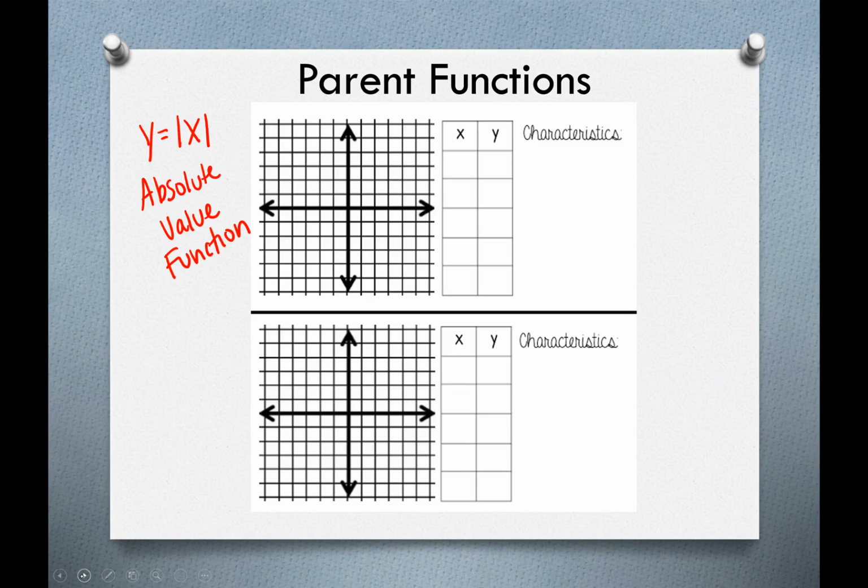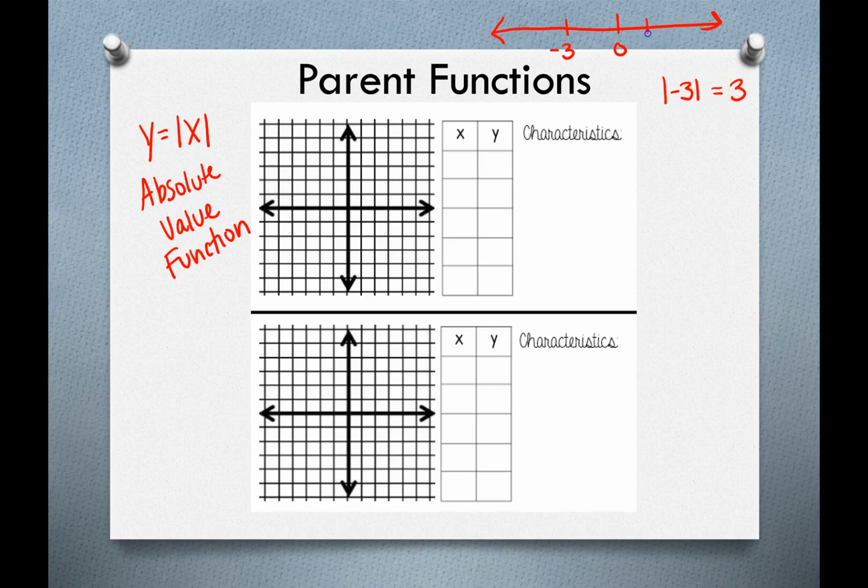Going back to this absolute value function, the definition of an absolute value is the distance away from 0 on a number line. So what I mean by that is if I have a number line and I have the number -3, how far is -3 away from 0? Well, it's 3 units away, so the absolute value of -3 is 3.